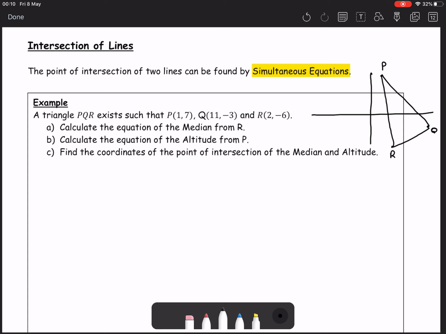So in part A, find the equation of the median from R. Thinking back to the definition of our median, a median from R goes from R to the opposite side of our triangle to meet PQ right in the middle.